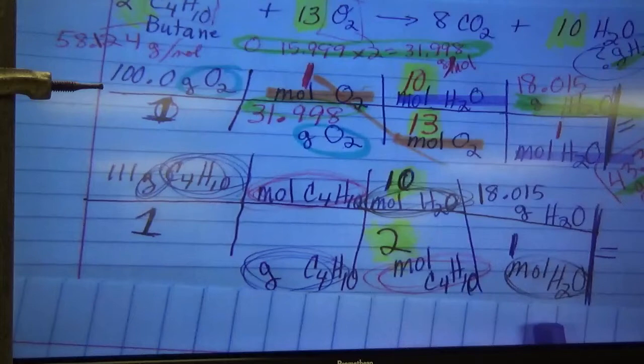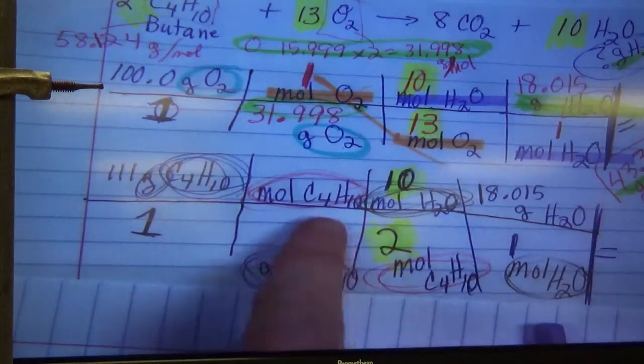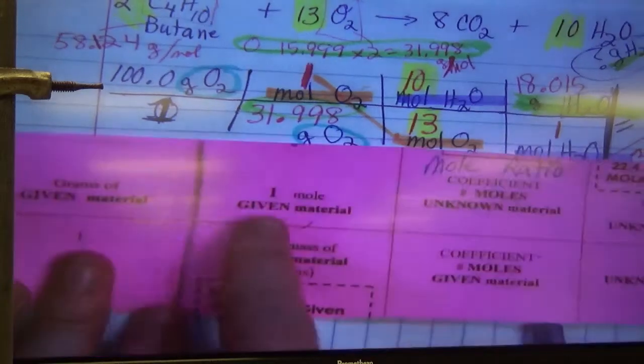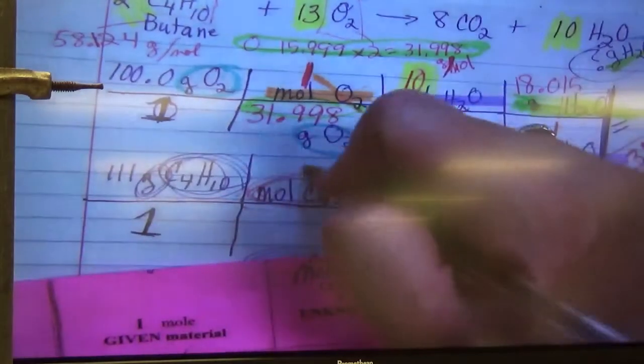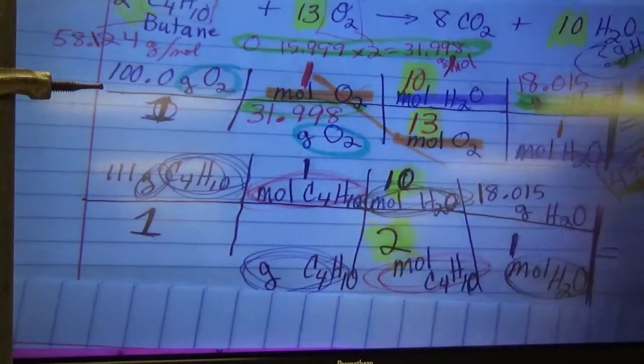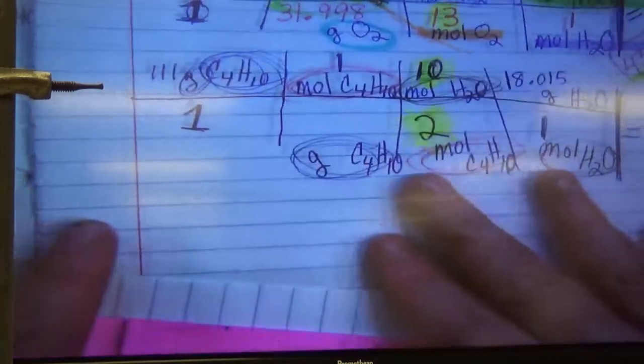All right, just a couple numbers left and then we can calculate. What number goes on top? A 1. The foldable says a 1, you put a 1, always. Then we have grams C4H10. Am I going to use 22.4 or am I going to use molar mass? Molar mass.